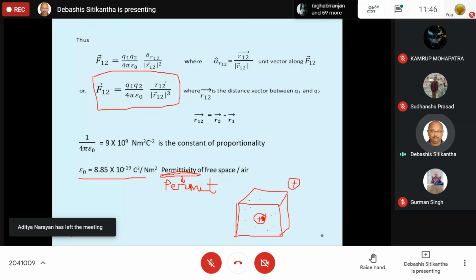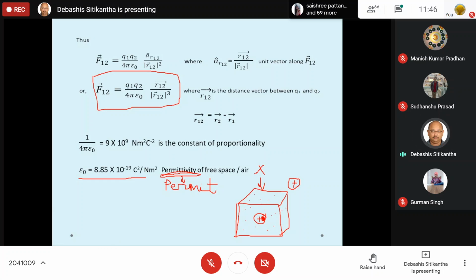So, for example, in this case, I have a volume which is made out of X material. Another volume I have of the same dimension is made out of Y material, let us say. Again, it has a cavity inside which I placed a positive charge.